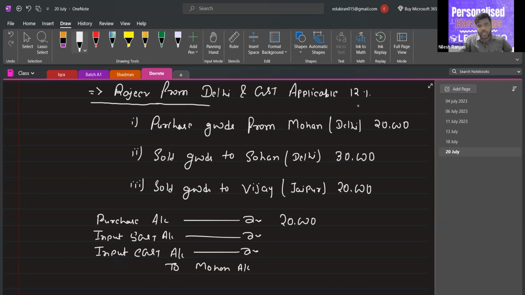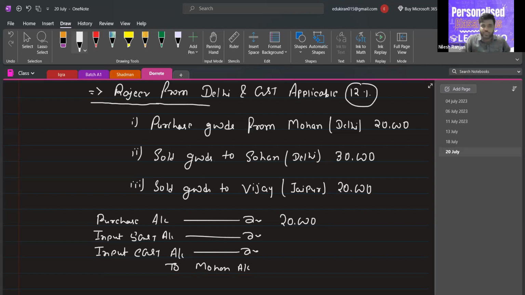When it is 12% and it is within the same state, then CGST and SGST both are applicable. Both rates will be half of the total rate, meaning the rate is divided equally between the two.